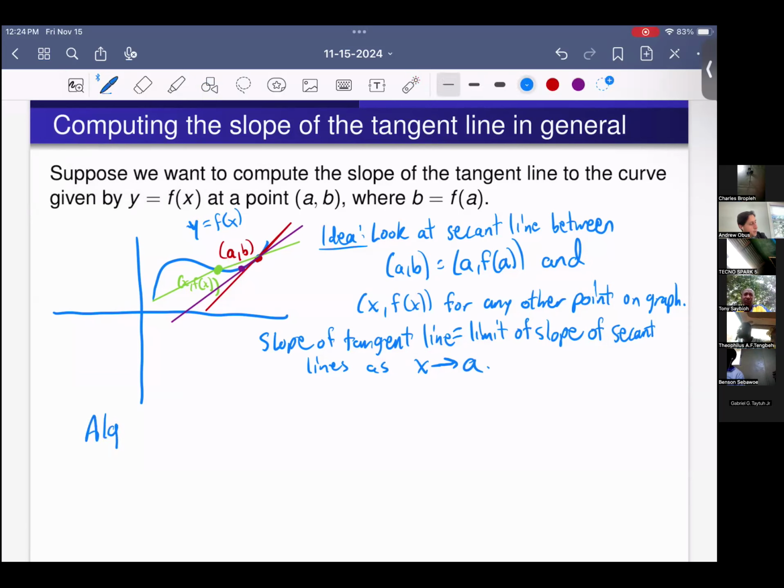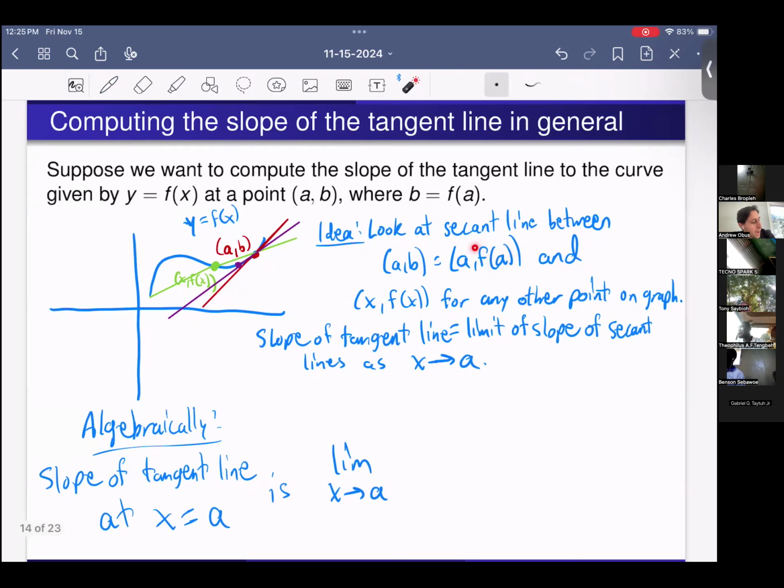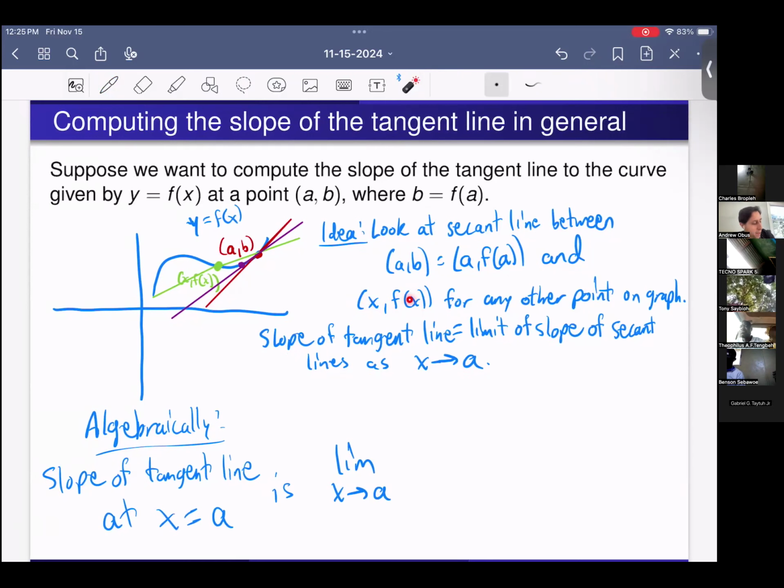So algebraically, what is this? Algebraically, the slope of the tangent line at x equals a is, well, we have to take the limit as x approaches a of the slope of the secant line. Well, this is the line between a comma f of a and x comma f of x, right?